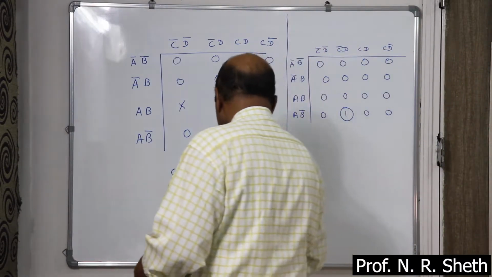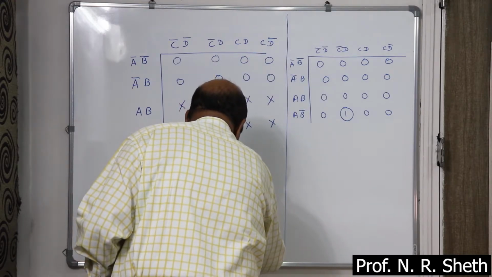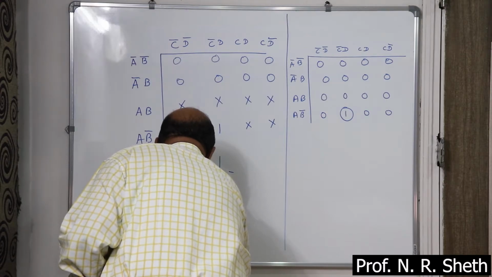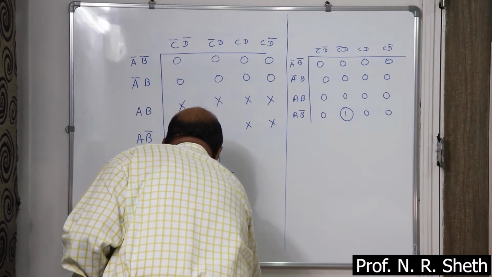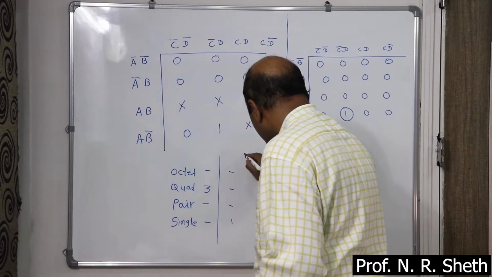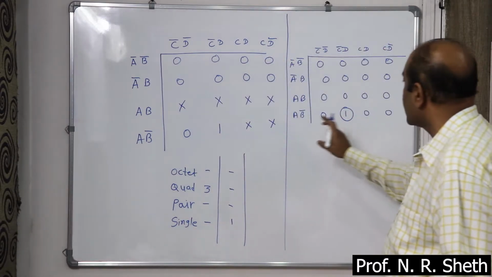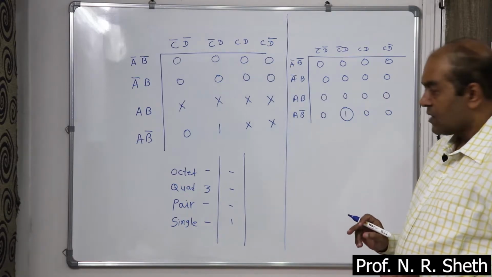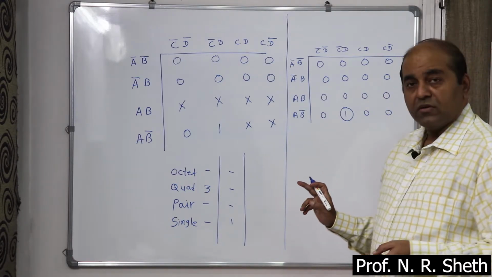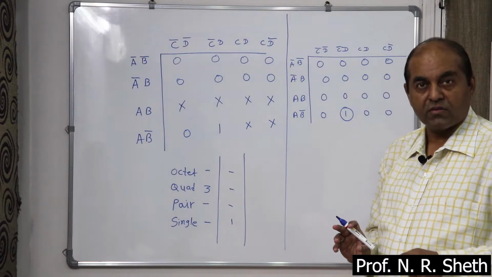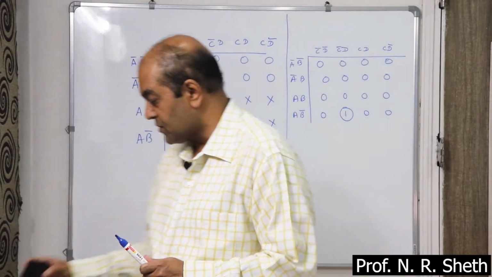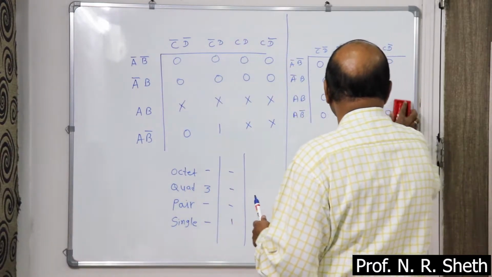So in that case, 0, 0, 0, and 1. And your Y is A, B bar, C bar, D. Okay, I will tell you both answers are wrong. One more, even better combination is possible. So let us observe this one.